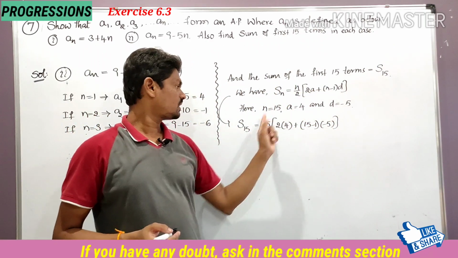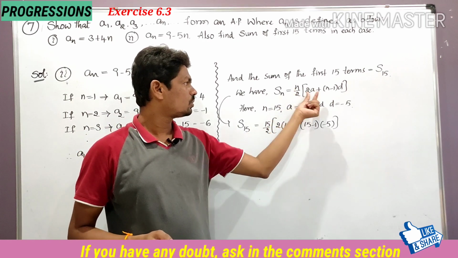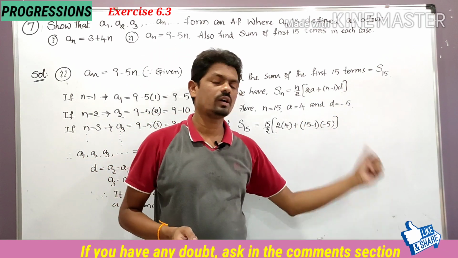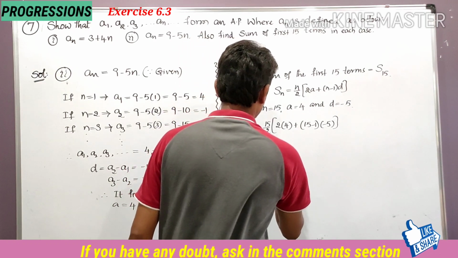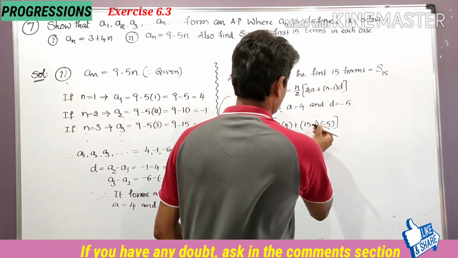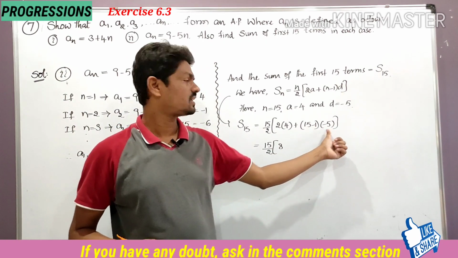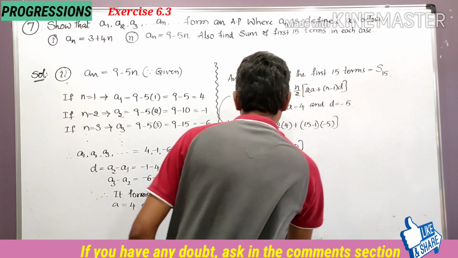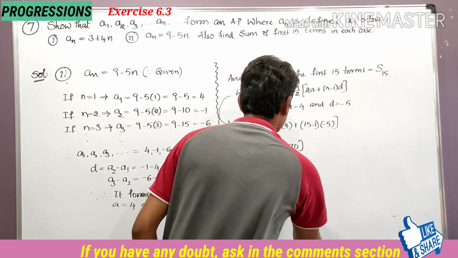Now I have to simplify. 15 by 2 as usual. 2 into 4 is 8 plus 15 minus 1, which is 14. 14 5s are 70, and plus into minus is minus, so we get minus 70 here. That is 15 divided by 2 into 8 minus 70, which is minus 62.